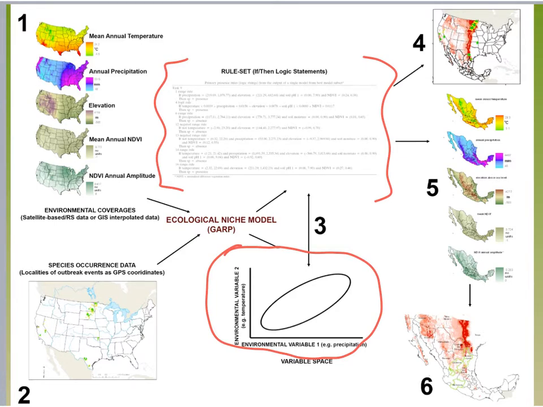Once this model has been constructed, or in the case of GARP, a set of models in an experiment has been created, those rules are then projected back onto the landscape and converted into a presence-absence model that tells us where we're most likely to find the species, or the areas of highest confidence that the species could be supported at that location.